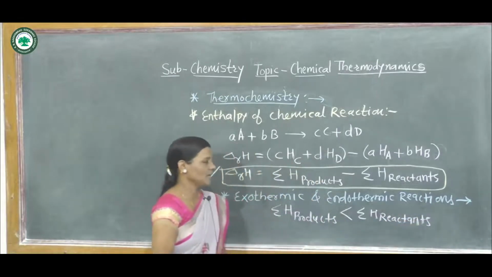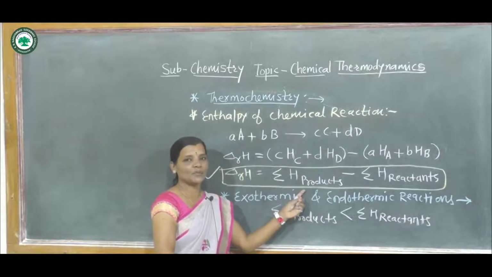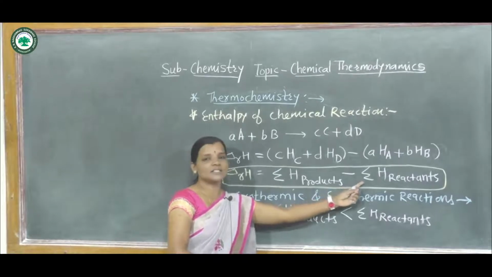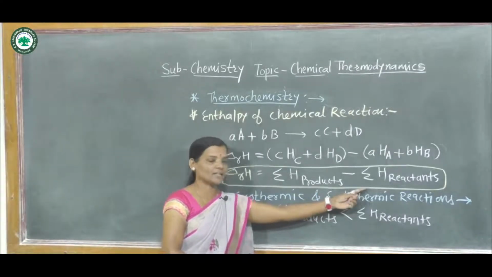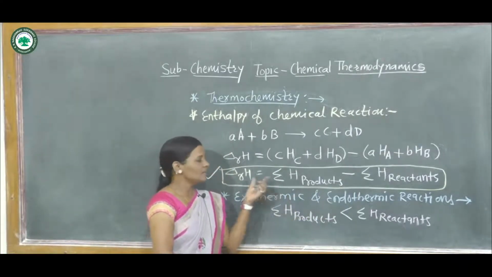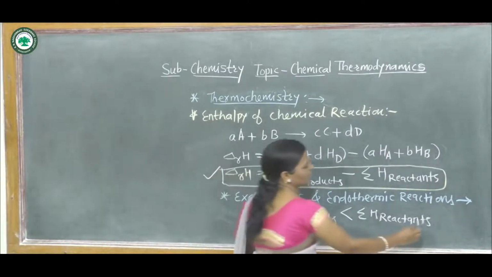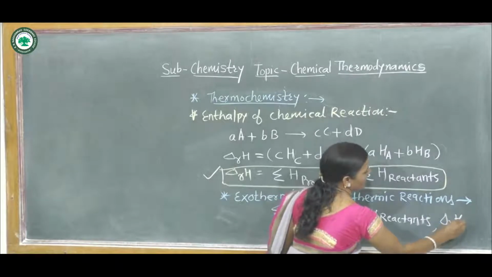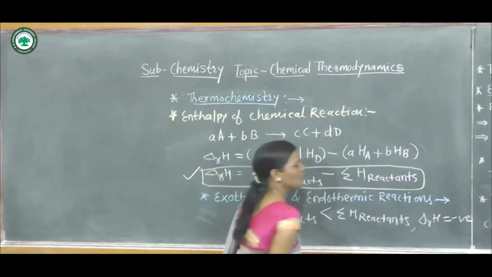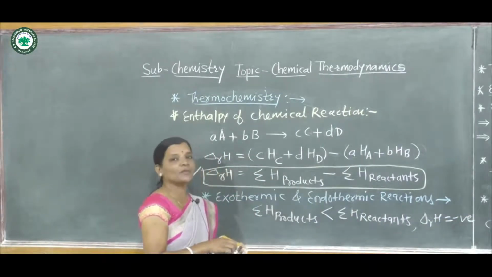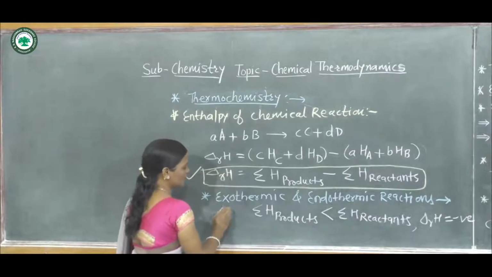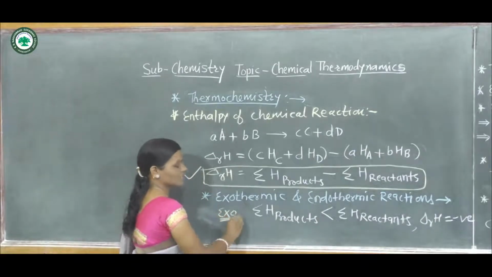Let us see, if the sum of enthalpies of products is less than the sum of enthalpies of reactants, then this value ΔrH is negative, and such types of reactions are called exothermic reactions.